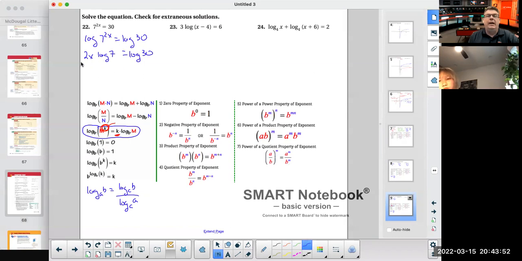Okay, so I'm solving for x and everything's being multiplied by here. So I'm going to divide by 2 log 7, because this cancels out, right? So x equals log 30 over 2 log 7. And then we would put that in our calculator.